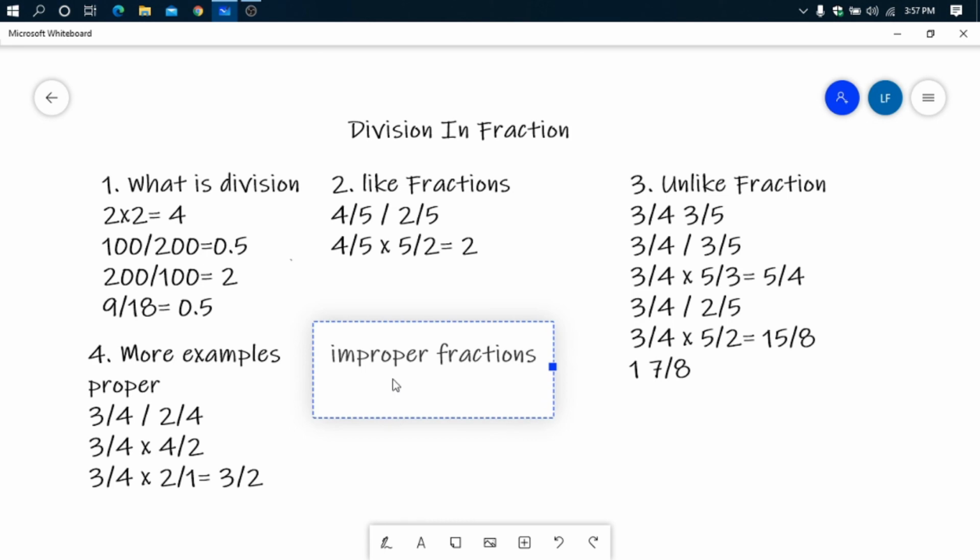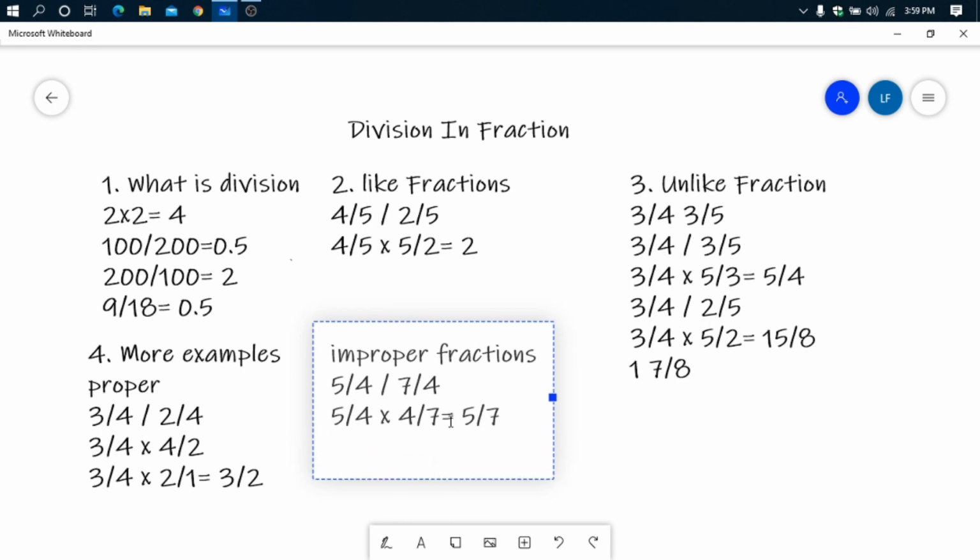So let's take 5 by 4 divided by 7 by 4. Now we just take the reciprocal: 5 by 4 multiplied by 4 by 7. Then we can cancel the 4's out, and then the answer will equal 5 by 7.